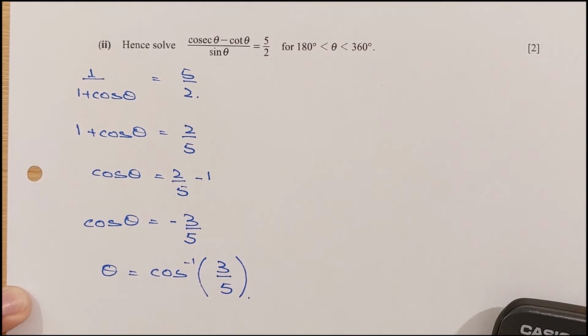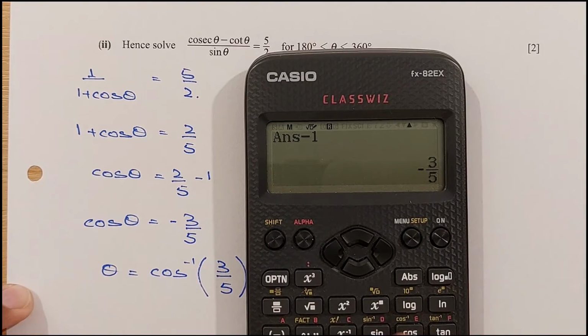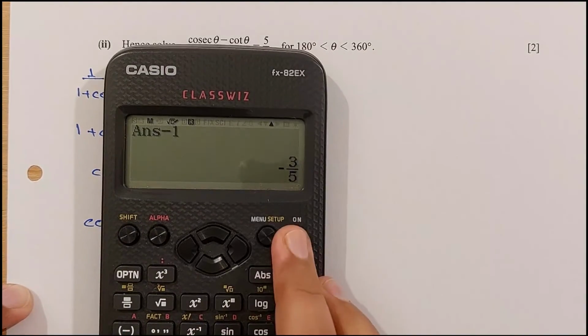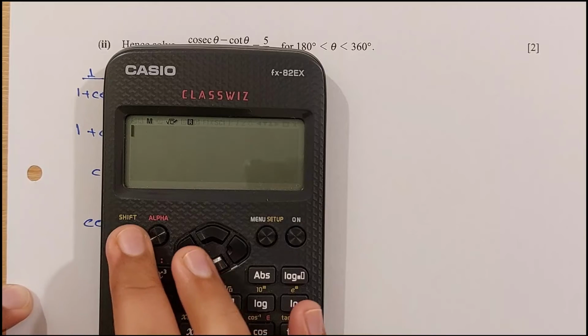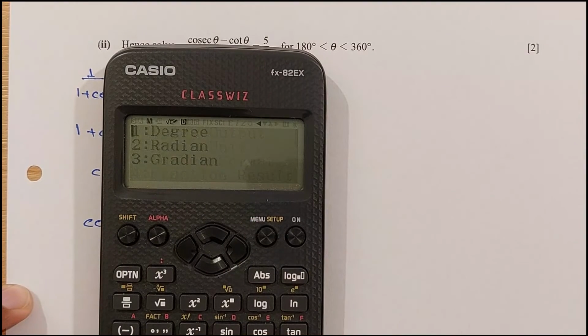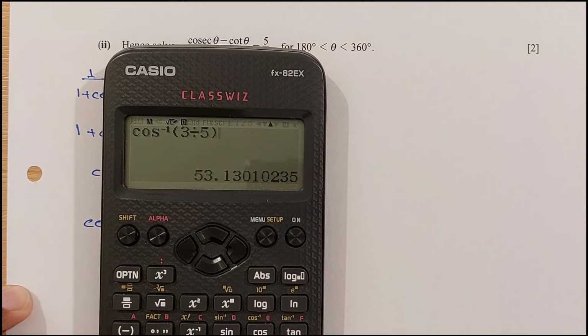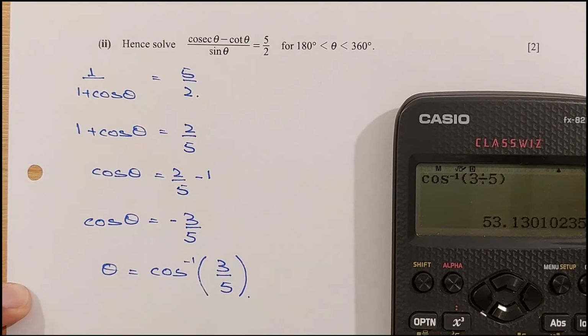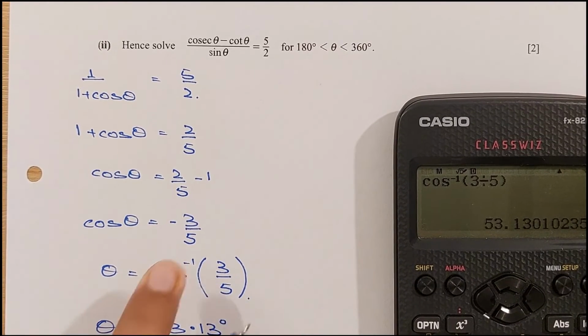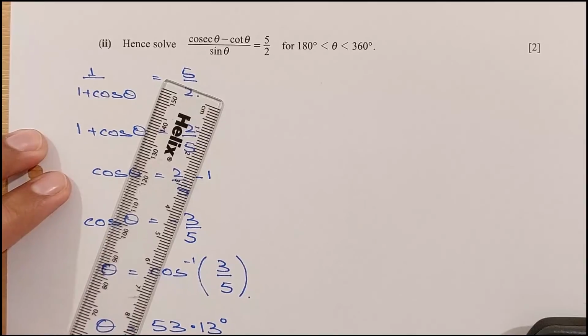So cos inverse of 3 by 5, it is in degrees. So converting my calculator into degrees, cos inverse 3 divides 5 is 53.13. So theta is 53.13 degrees. Now we have to find cos is negative in which quadrant, right?